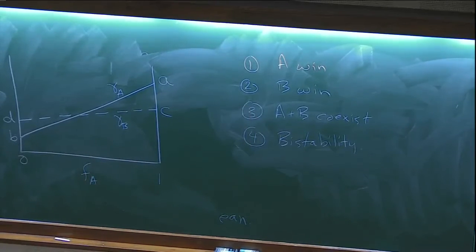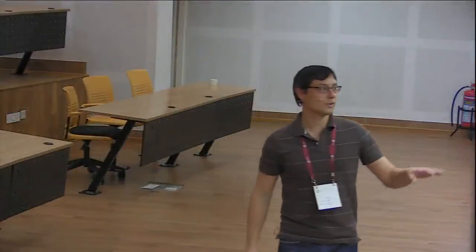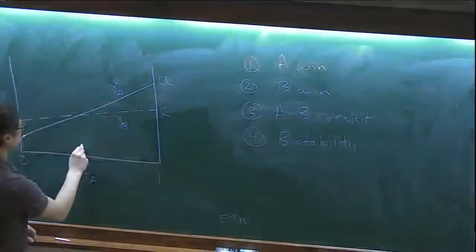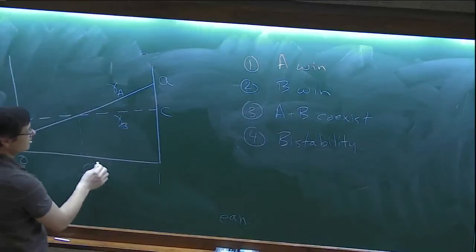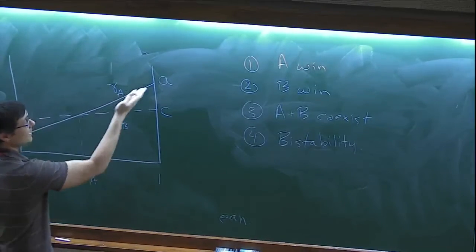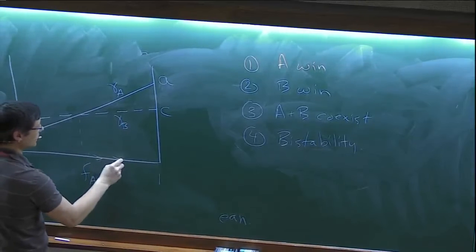This one's bistability. We can see that because above this critical fraction, for high A, A has a higher growth rate.